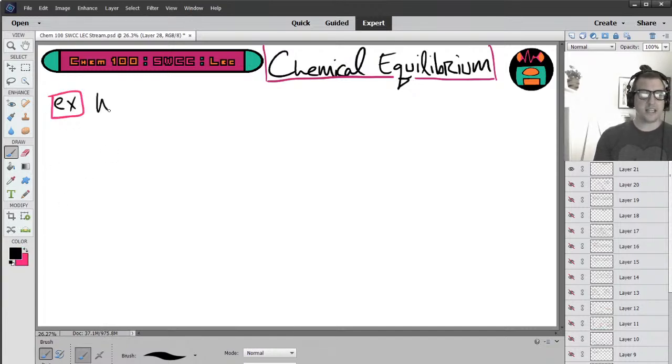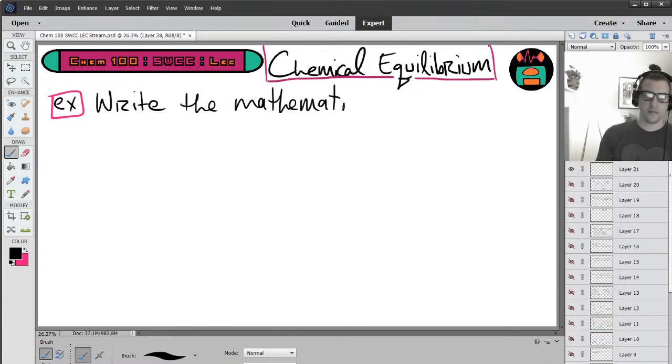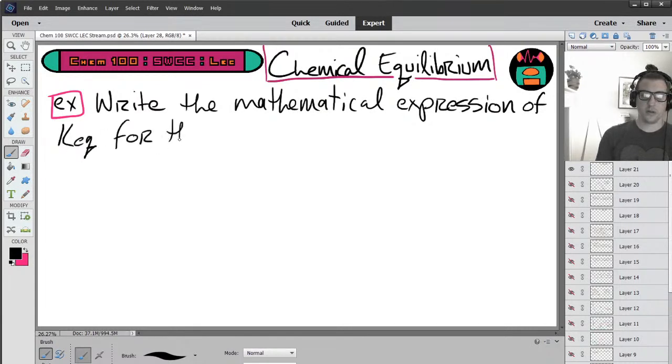So write the mathematical expression of the equilibrium constant for the following chemical equilibrium.